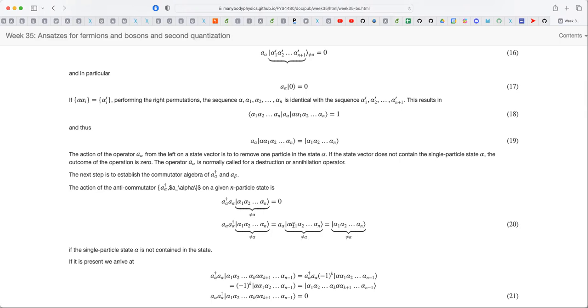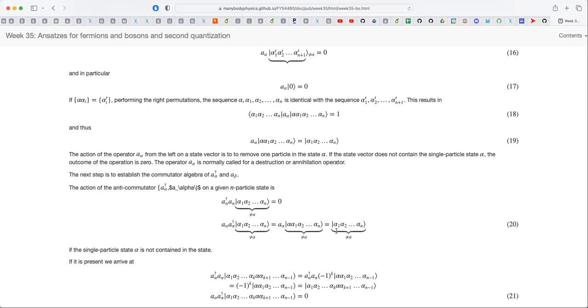And alpha is not contained in this chain, so you can do that. Note as well that here we have not chosen to reorder the states, because we made this ordering that alpha 1 is less than alpha 2, alpha 3, and we want to keep that kind of ordering. We did not do that here. So we have to be a little bit careful, because that introduces a phase, which we are coming back to. Now, when you do this, you're back to the same state.